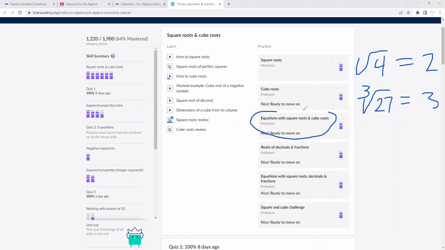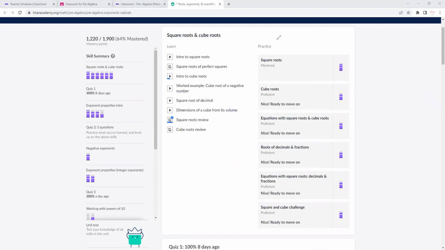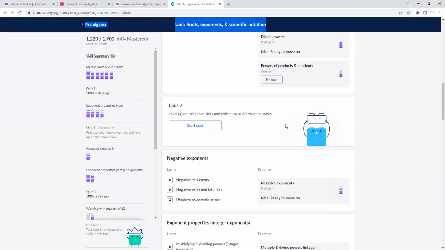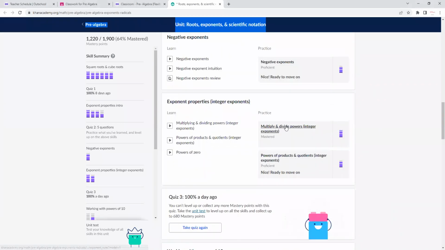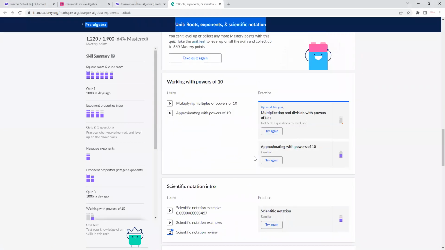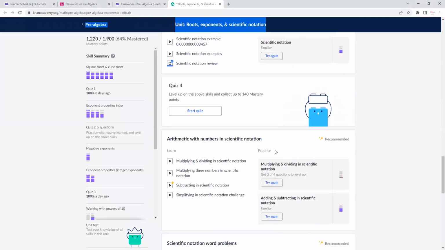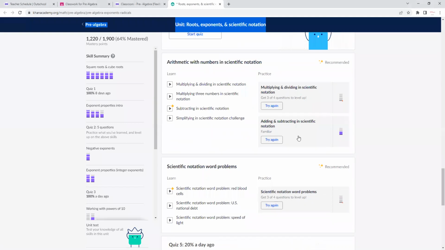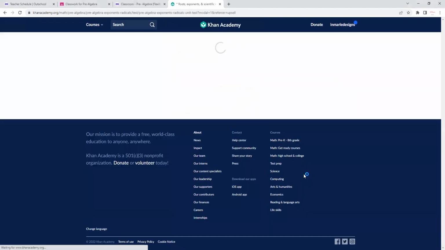Equations with square roots and cube roots, roots of decimals and fractions, etc. Multiplying exponents, dividing, raising to a power. Dealing with negative exponents, multiplying and dividing with negative exponents, then gets you into scientific notation and powers of 10, multiplying and dividing with scientific notation, adding and subtracting, word problems, and that's the entire unit.